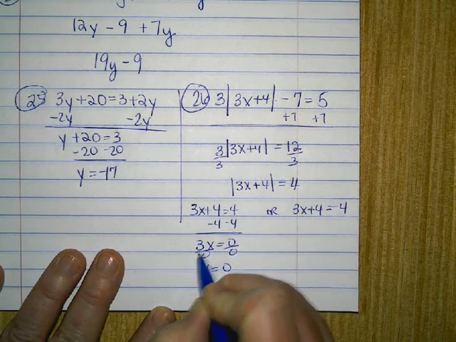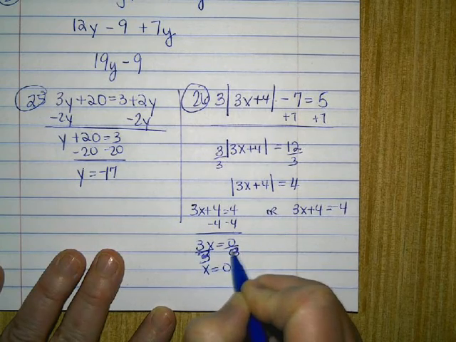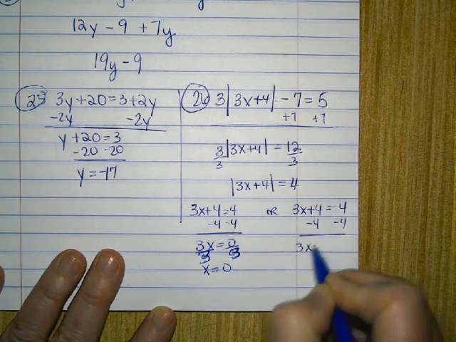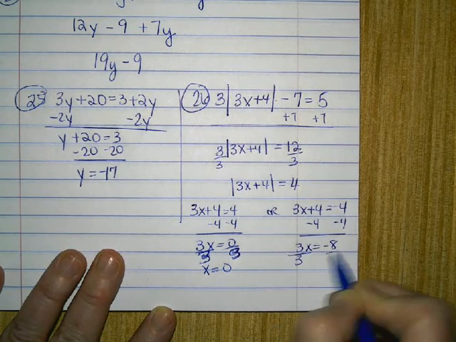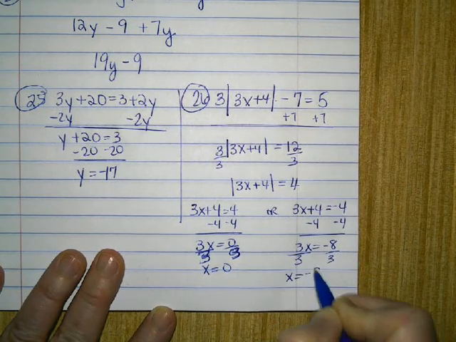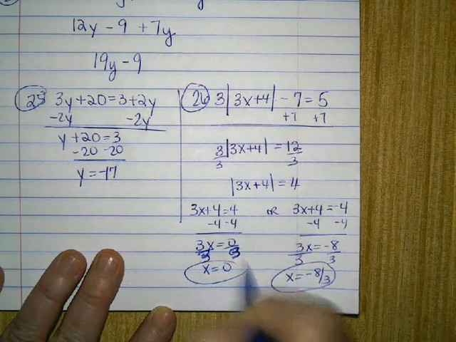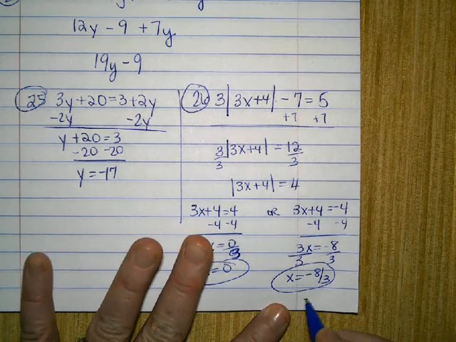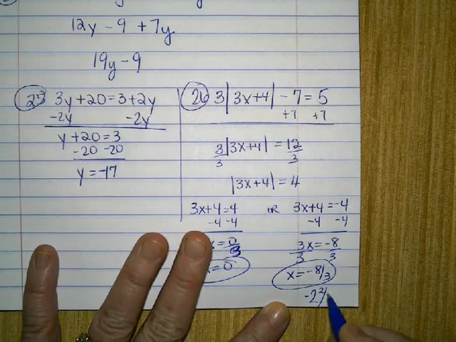Subtract 4. 3x is negative 8. Divide by 3, x is negative 8/3. So those are your two answers. Any questions there? You could change this to negative 2 and 2/3 if you wanted to.